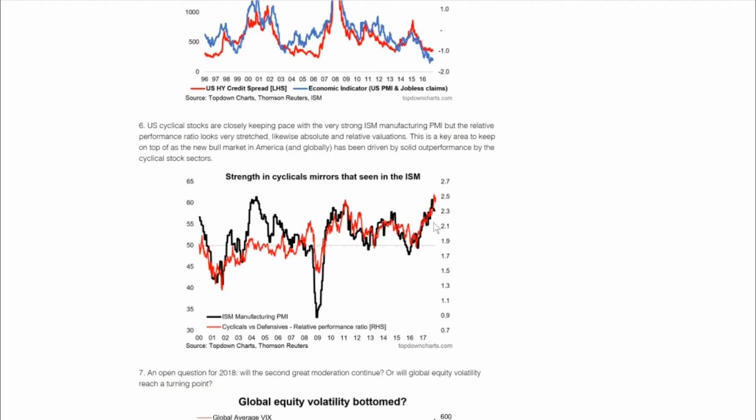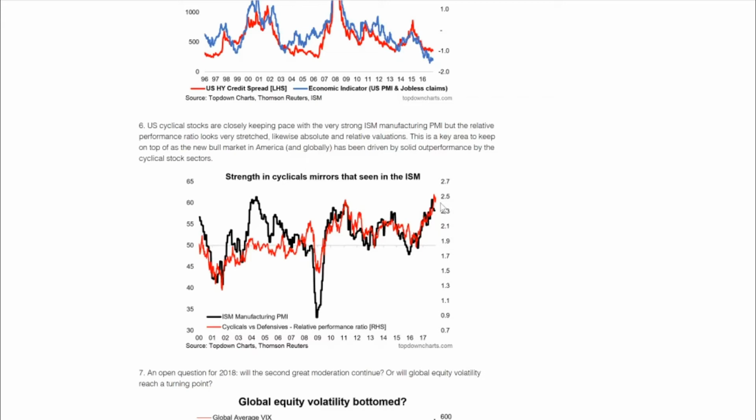And you'd expect to see that because, as the names suggest, cyclical stocks are going to do better when the economy is turning up. So it's another confirmation of the improvement in the economy that we have been seeing. But on both counts, they look about as good as it gets.